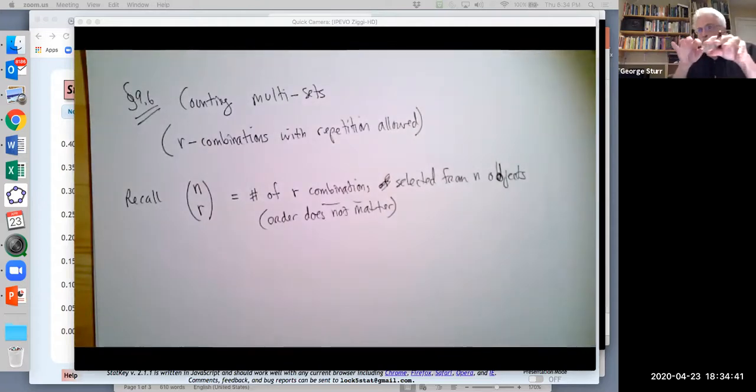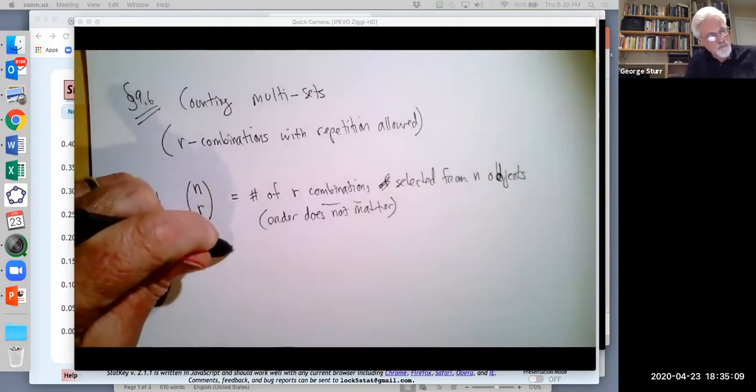That the arrangement of the same objects, taking the same objects but arranging in different ways, would count as different things. When it's a combination, you take those objects and it really will not matter how you arrange them. There's only one way to grab those R objects, not caring where you're going to put them. That's the big difference.